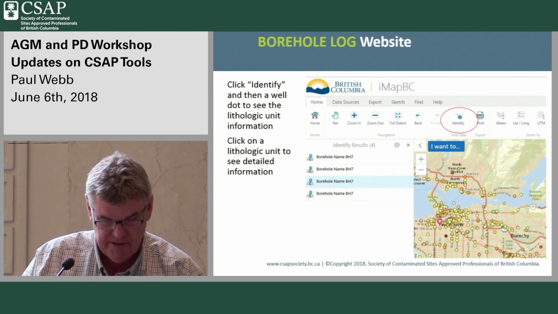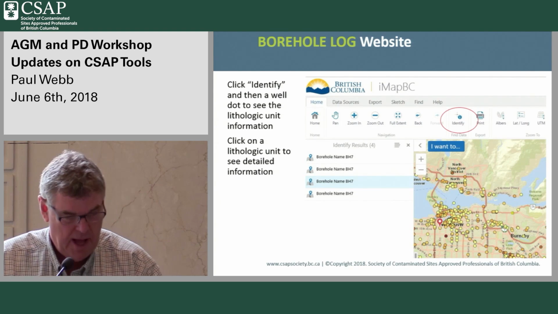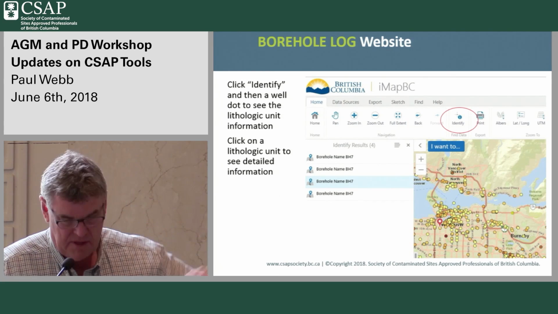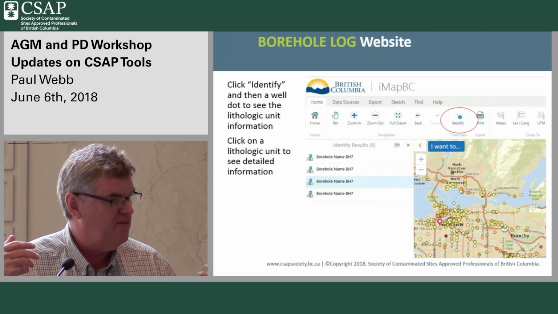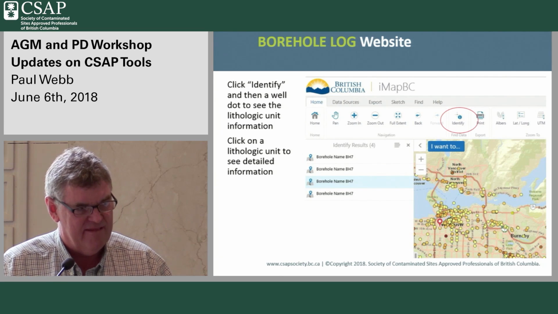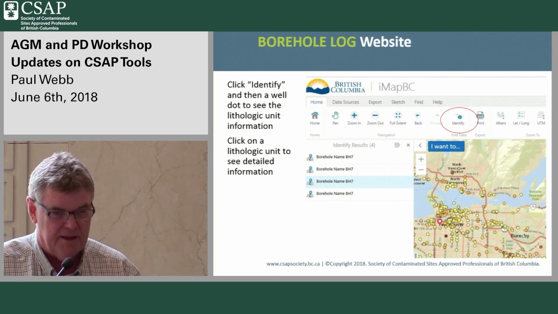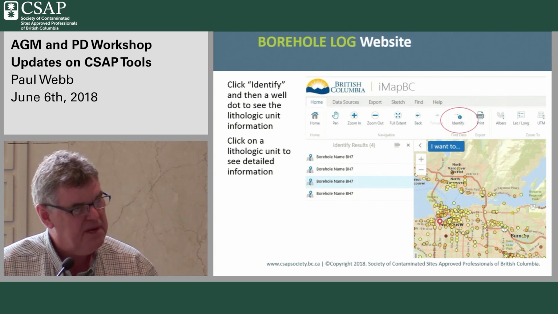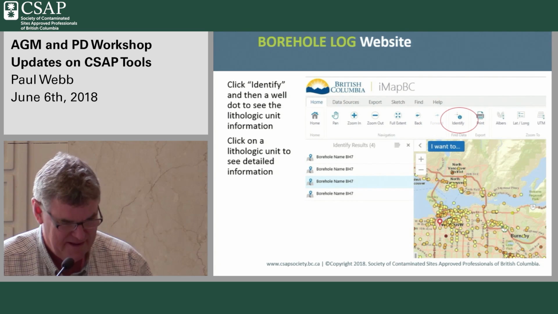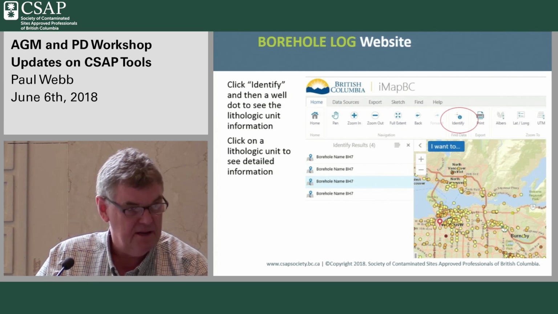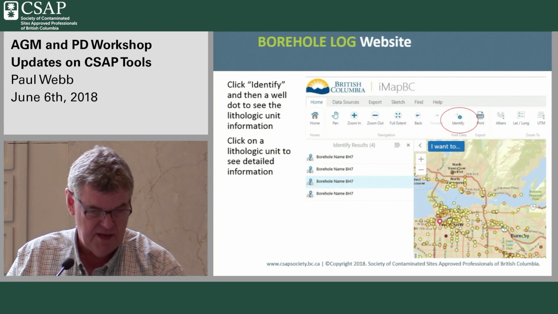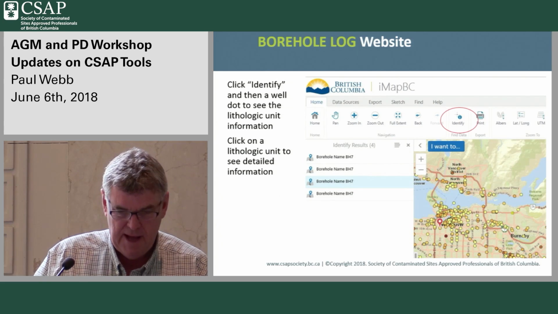So all the information is on there. That pops up. You can see in the graphic there are all the different wells. I think I'm colorblind, but I think they're color coded to how many units are present in the well. When you click on identify and then click on one of the wells, it pops up the units.